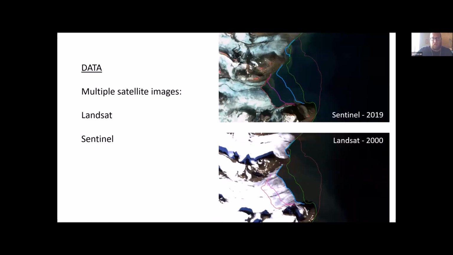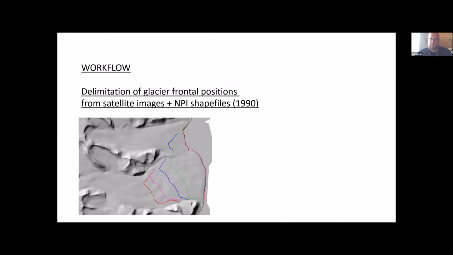I also took multiple satellite images from Landsat or Sentinel for the recent years, and also the database of the Norwegian Polar Institute with the shapefiles of all the features studied. So I tried to compile all these different data sources to have one complex picture of what's going on at this specific site of Svalbard.